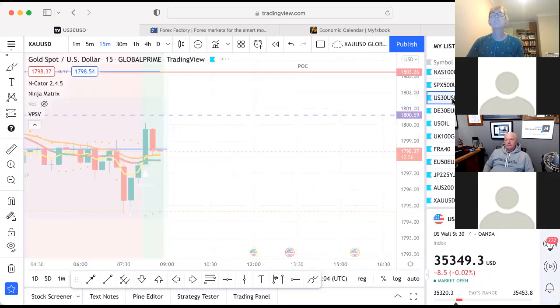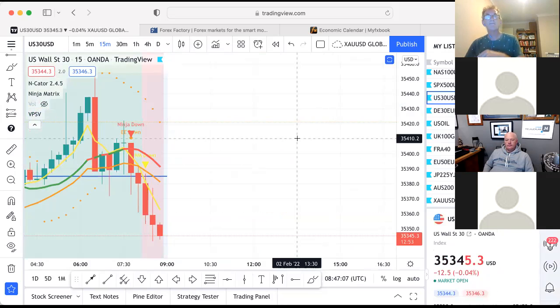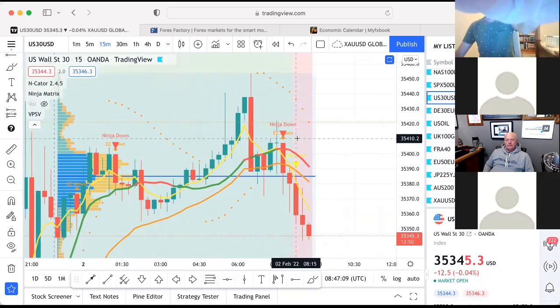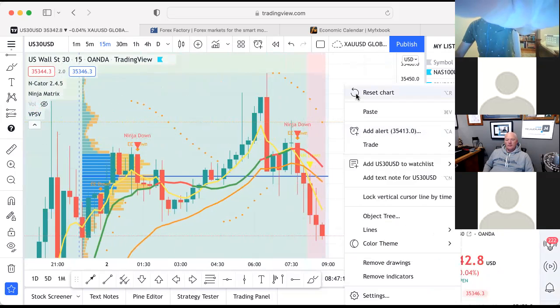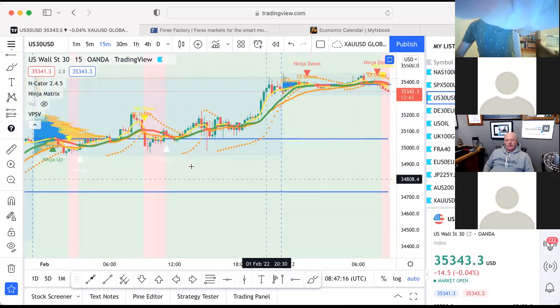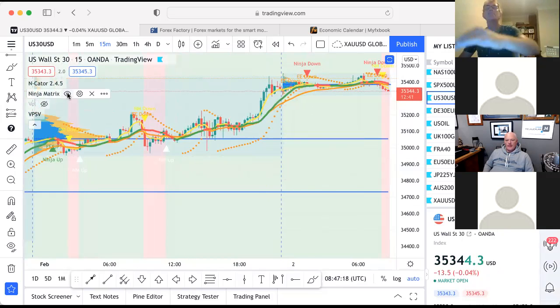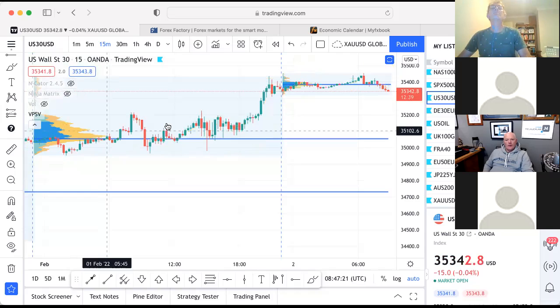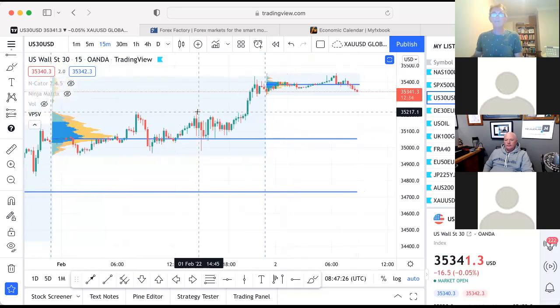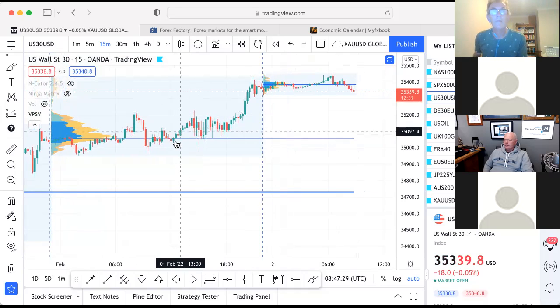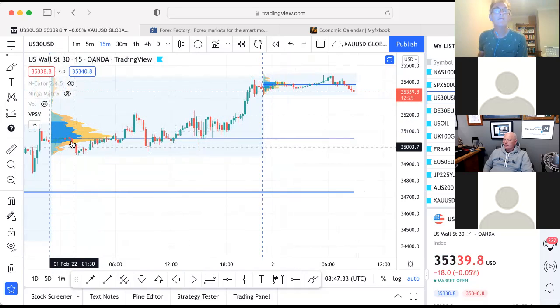I've been looking at US 30, and if we do the same again, and just take off the Matrix and the Ninjacator indicator for now, and just look at the bare chart, you'll see that there is a difference in the appearance of the volume profile, and that's really just down to the settings.